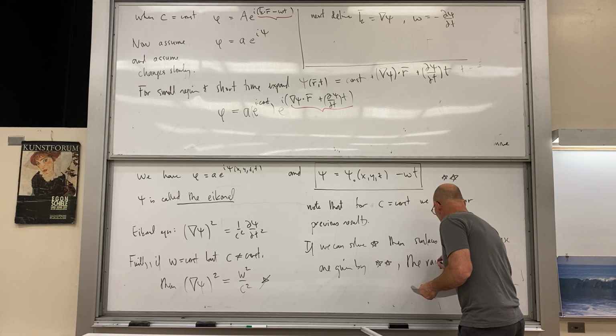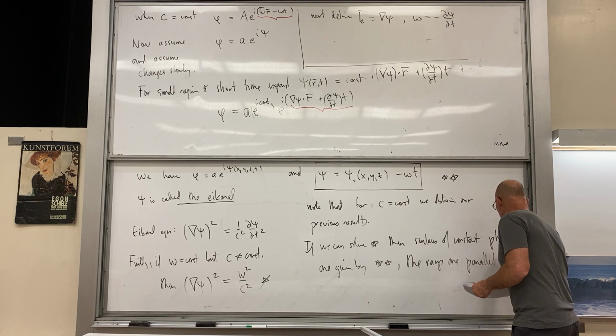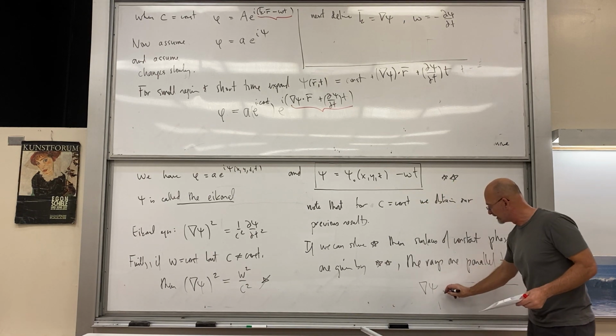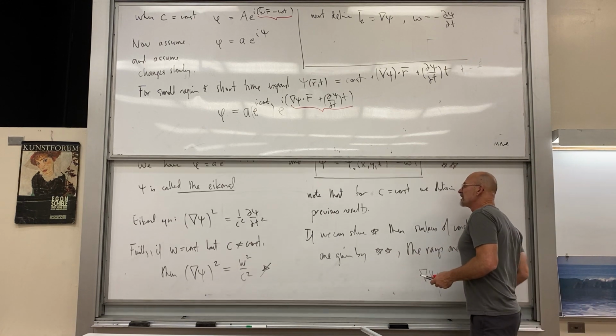The rays are parallel to gradient of C, because that was our K. So again, to do that little picture once again.